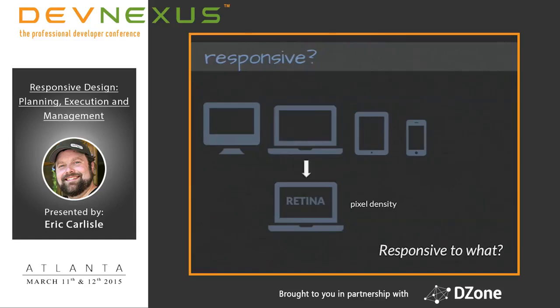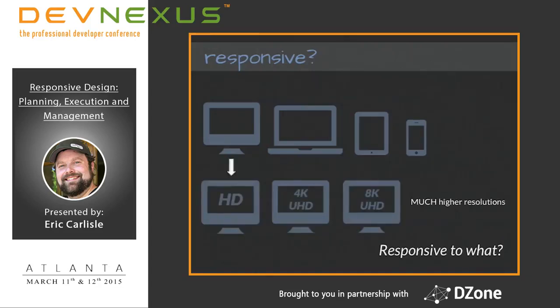Retina devices. Pretty amazing. So we're talking about pixel density. Not only do we have higher resolutions, but we also have a greater concentration of pixels, and really we need to have improved asset quality to not lag on these new technologies.